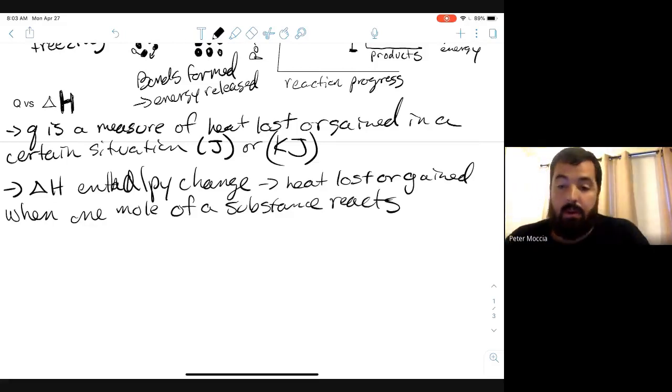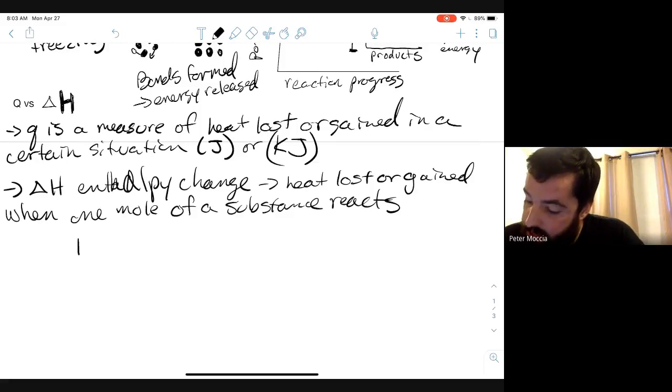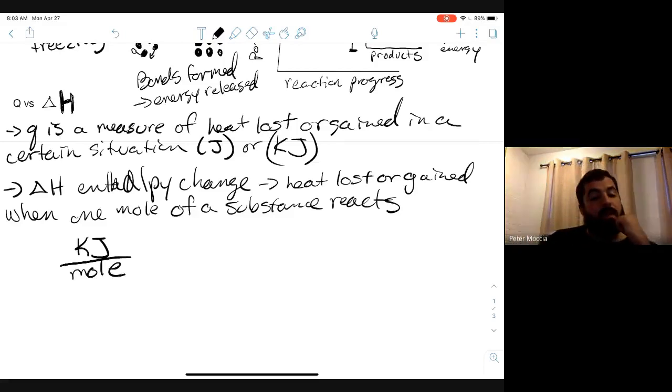Okay, so in this case, oftentimes you'll see delta H in kJ per mole, kilojoules per mole.